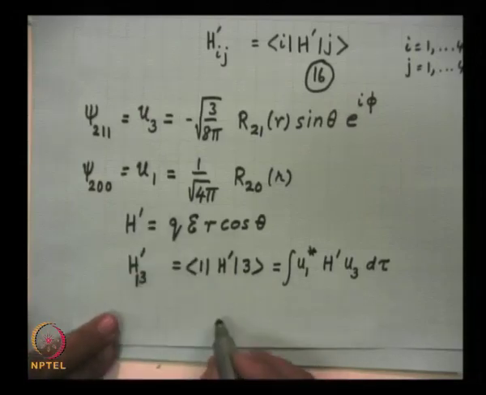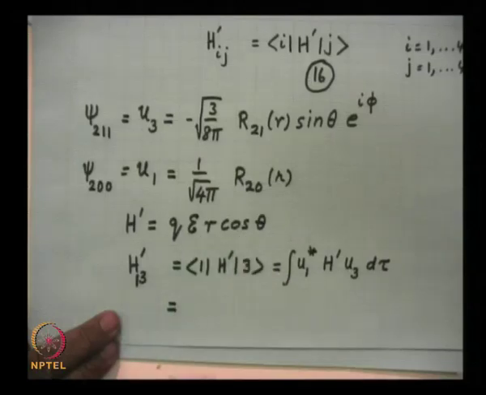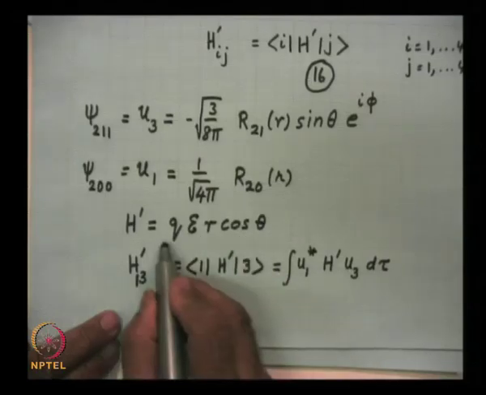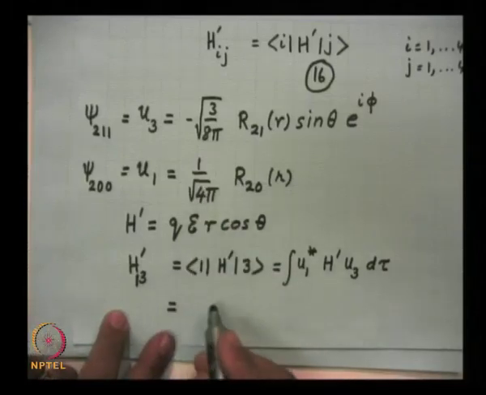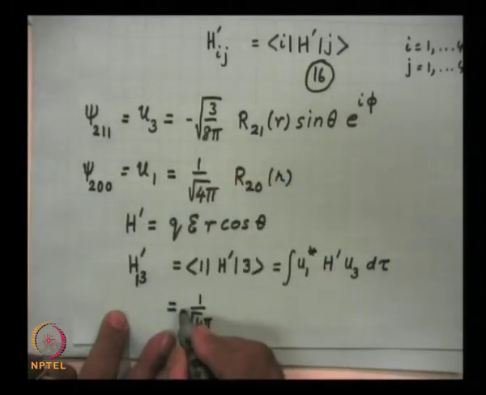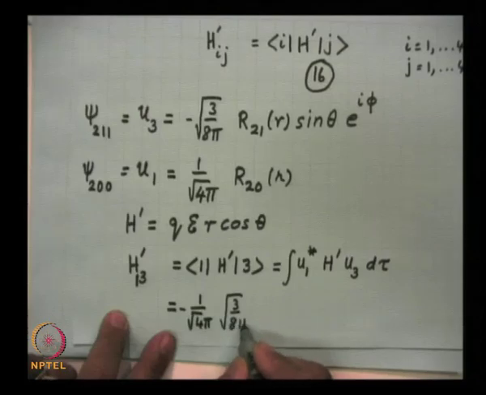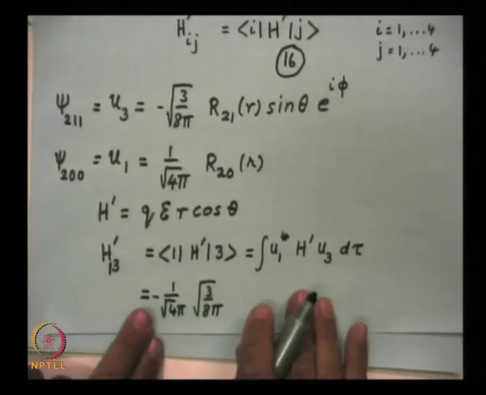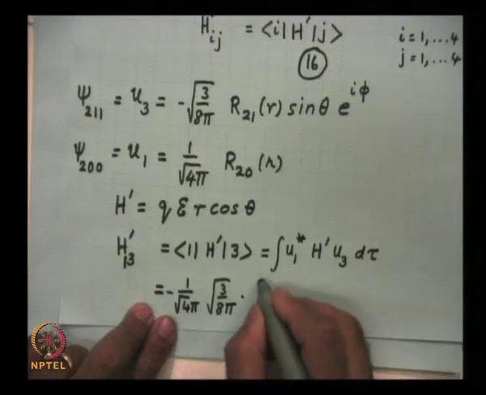So, u 1 star is, let me write it down. H prime is q E r cos theta. So, let me write down what is u 1. So, 1 over root 4 pi, and u 3 will be minus under root of 3 by 8 pi. You have to patiently write it, and then first the r integral.